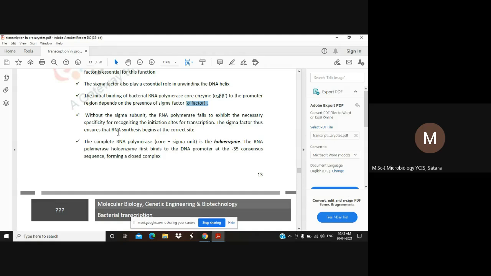Sigma ensures the RNA synthesis begins at the correct site. What does sigma do? It ensures whether RNA synthesis begins at a correct site or not. For this, the sigma factor is there. So the complete RNA polymerase is called a holoenzyme. So holoenzyme includes core enzyme plus sigma subunit.